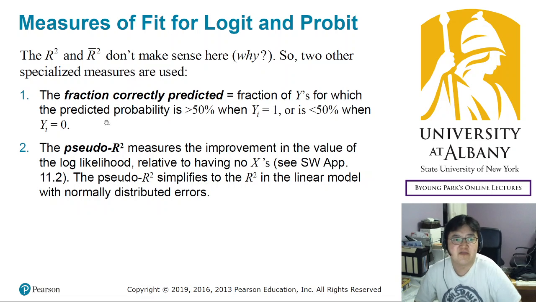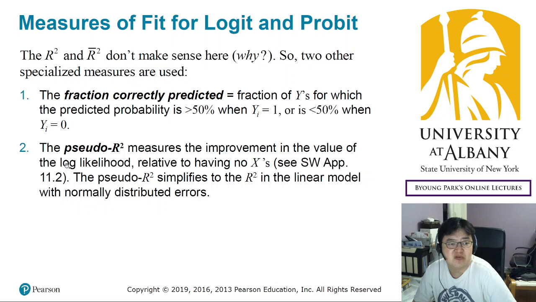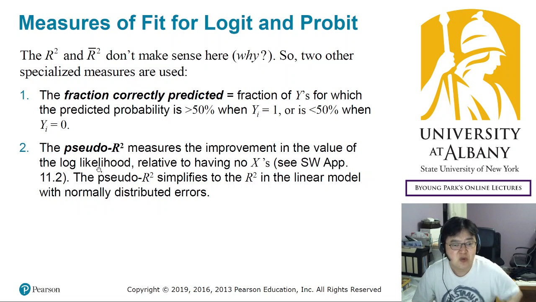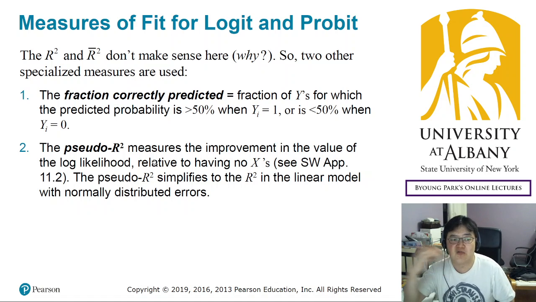This is different from the R squared. It's theoretically similar, but the calculation is quite different. It is based on the log likelihood. We are maximizing the likelihood, right? So the larger the likelihood becomes, the better the model is. Pseudo R squared is based on that idea: how large your likelihood becomes.